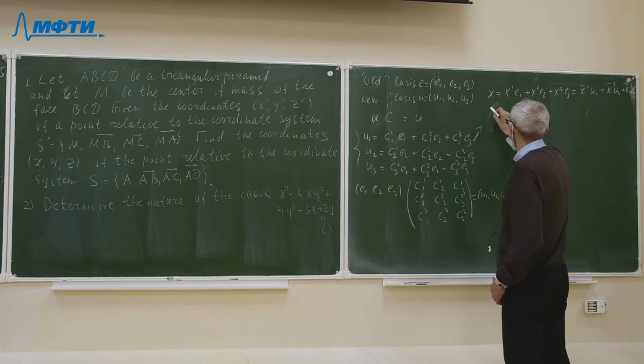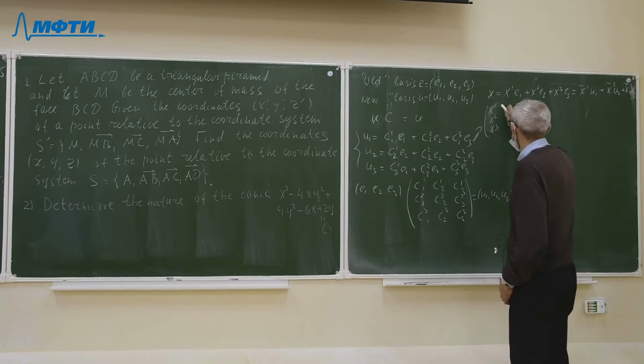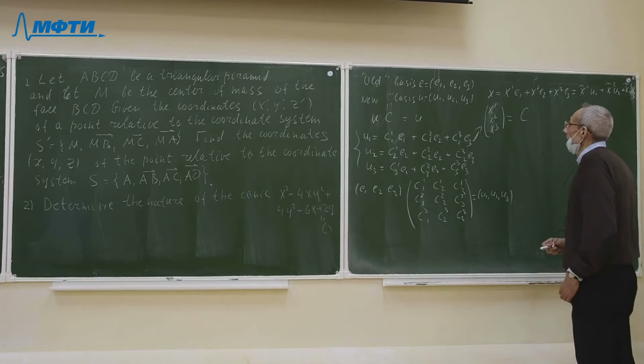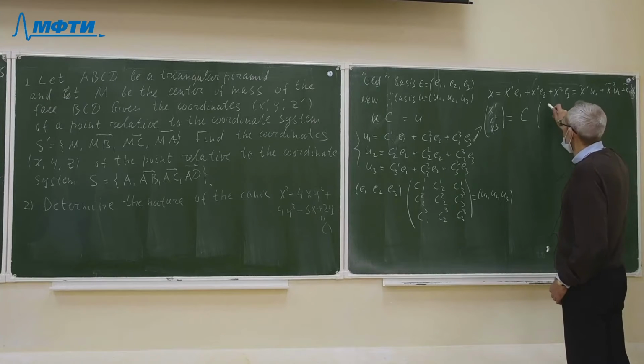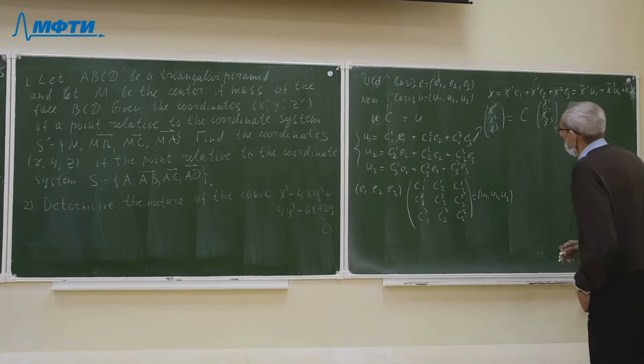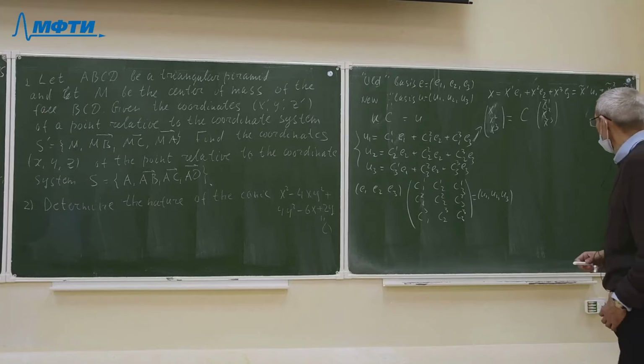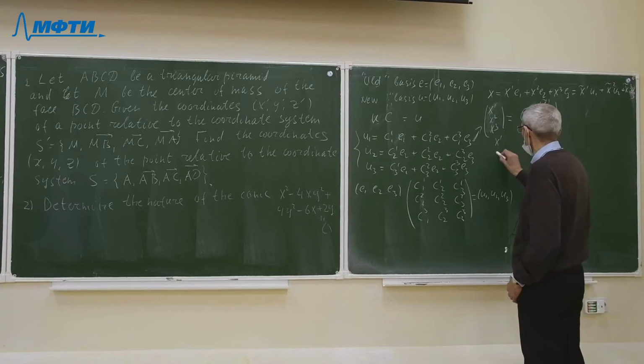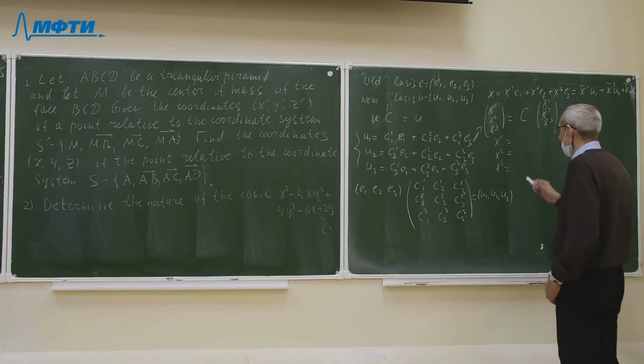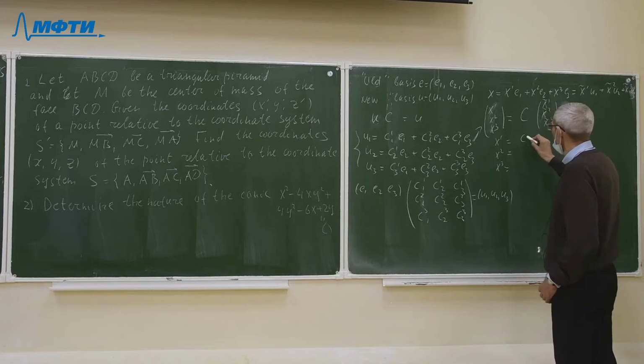The old coordinates x1, x2, x3 can be obtained by multiplying the new coordinates by the matrix C from the left. Exactly, we have the following formula, which has the same form as the previous one.